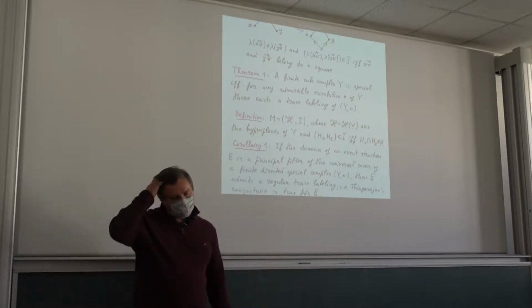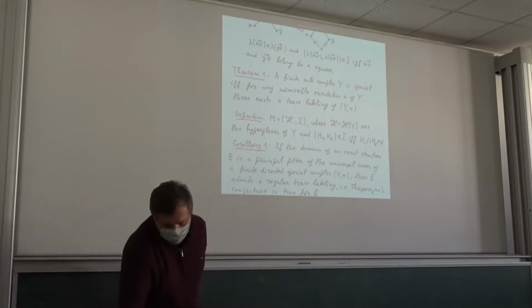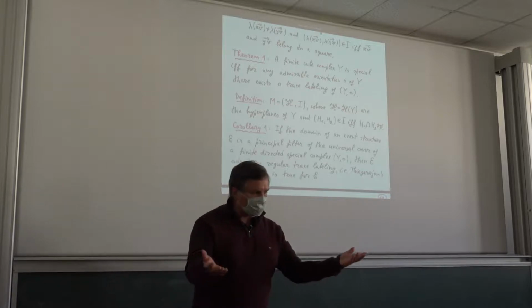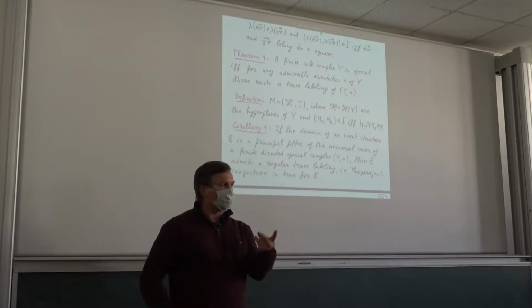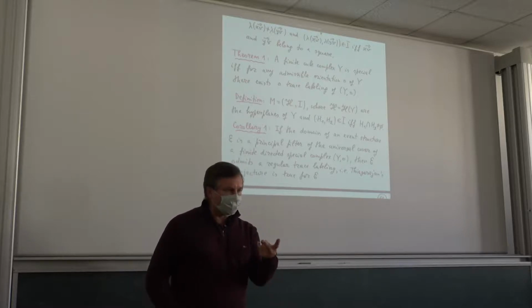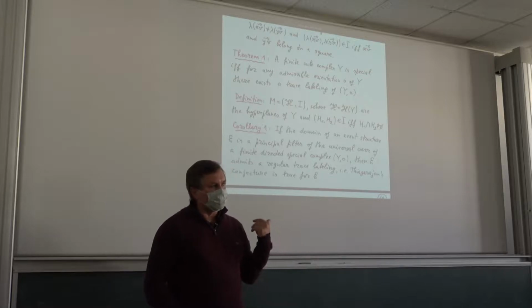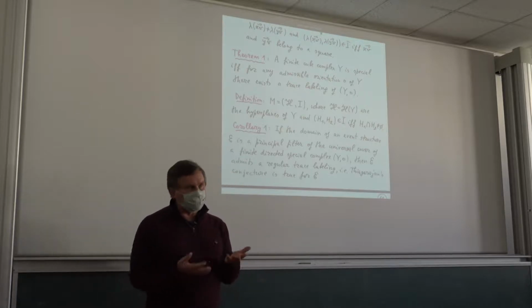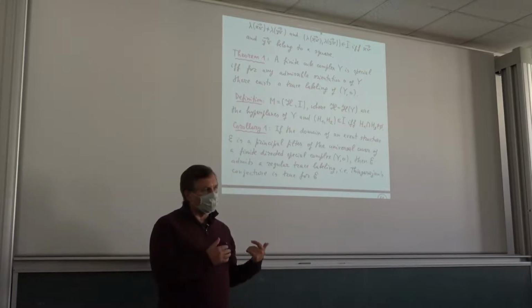And therefore, if you have a finite cube complex and you take its universal cover, and you take any principal filter in the universal cover, this gives the domain of an event structure which has a regular nice labeling. Therefore, for such objects, the Thiagarajan conjecture is true.